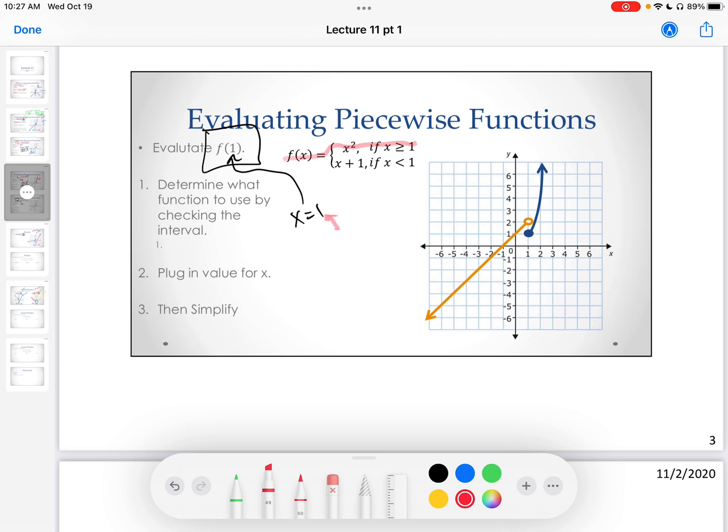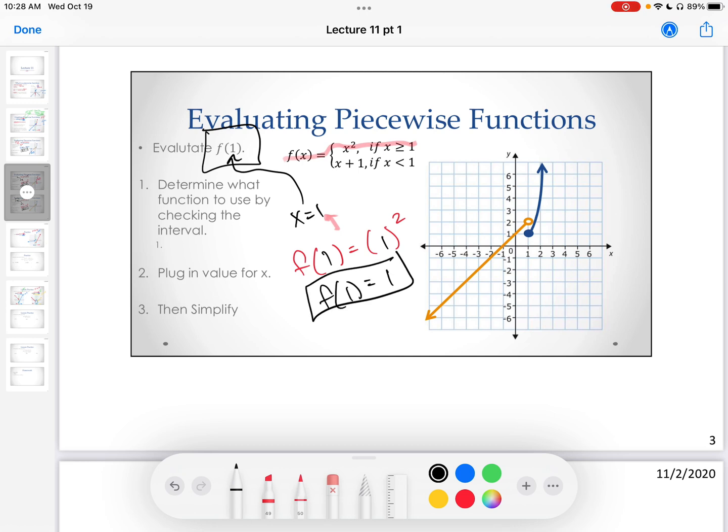Where x equals 1 there. So we need to use our red function, f of 1 equals 1 squared. So f of 1 equals 1.